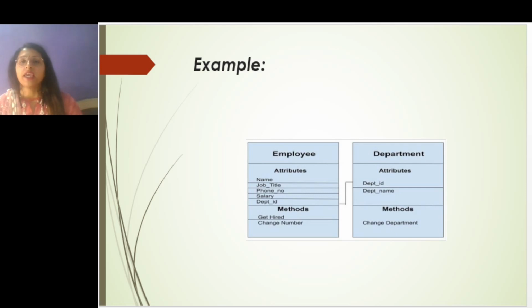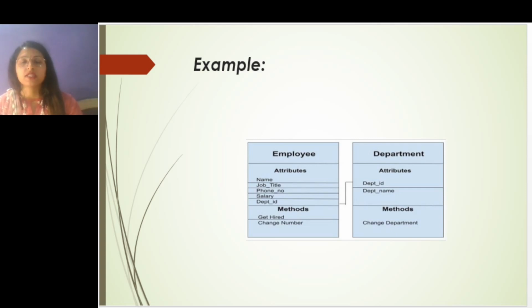Like you think of an entity in the ER model, over here we use the word object. What are the attributes of the employee? Name, job title, phone number. Similarly, the attributes of the department are department ID and department name.